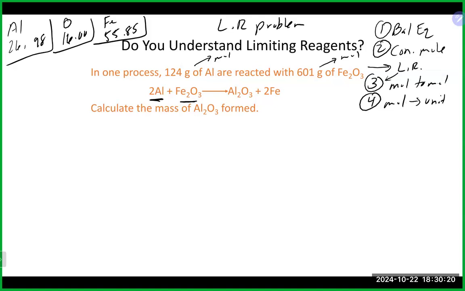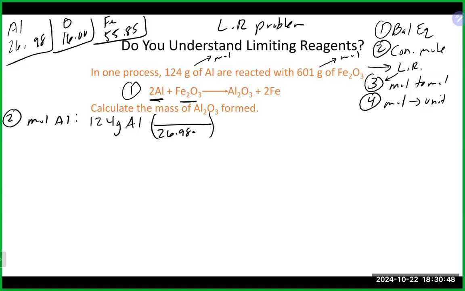So the first thing we want to do pretty much in any approach is have a balanced equation, which we do, so we're good. The second thing that you want to do pretty much in any approach is convert everybody to moles, so we'll do that. Here we will get our moles of aluminum, and we'll take our 124 grams of aluminum, use the molar mass from the periodic table of 26.98 grams per mole of aluminum.